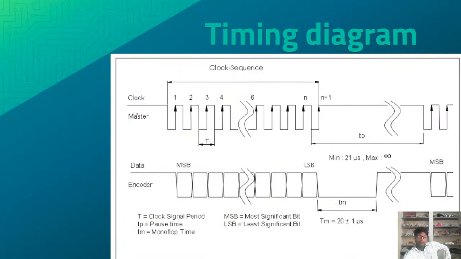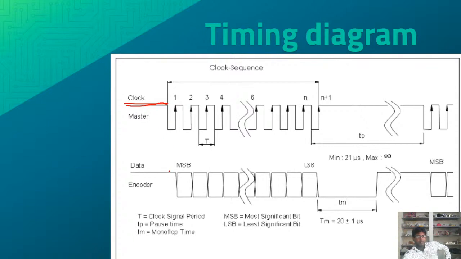As I was telling, when I don't want the data, my clock will be high, you remember, because that will be reflected in the code. While I don't want any data, the idle time, the clock should be high.